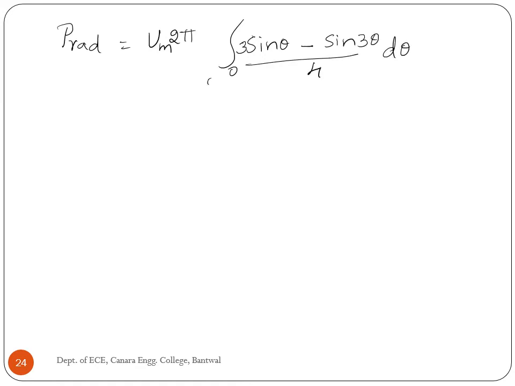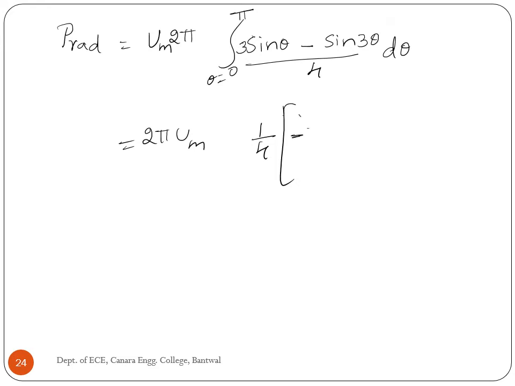Integration of d phi is phi. When we apply the limit value, we will get 2 pi into Um integration of sin cube theta. Integration of sin cube theta is 3 sin theta minus sin 3 theta divided by 4 into d theta, limit theta 0 to pi, which is equal to 2 pi Um, keep 1 by 4 outside.